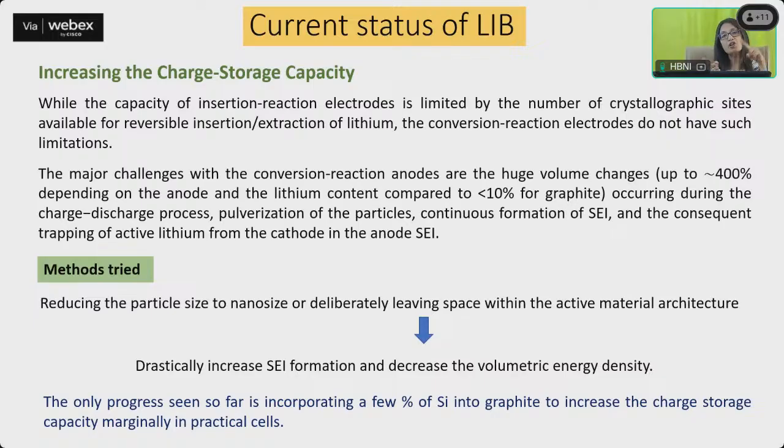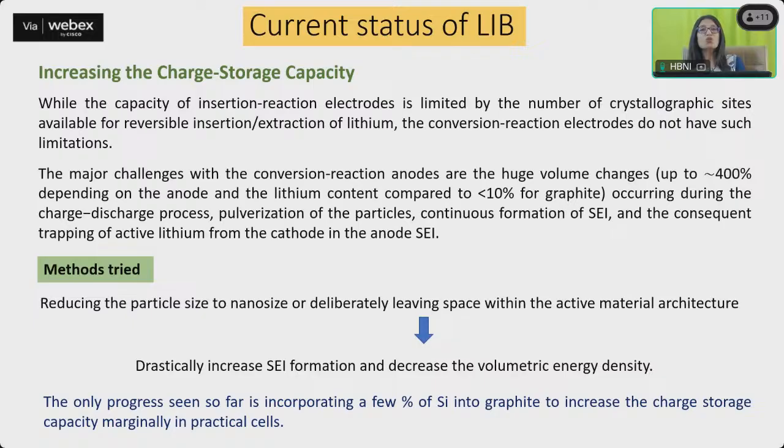So what do you exactly mean by this charge storage capacity? Please go back to your theoretical specific capacity calculation. If you remember, it was nF by 3.6 M. So that n value, if you are increasing, how do you increase that n value, the number of electrons which is getting transferred? For that, you have different categories of these anode or cathode materials.